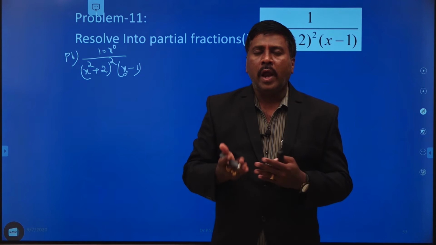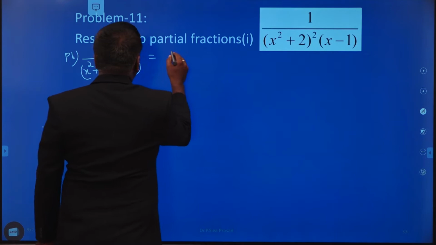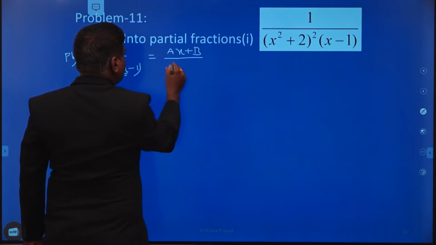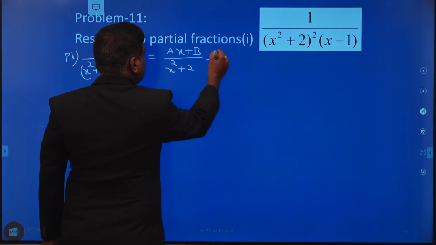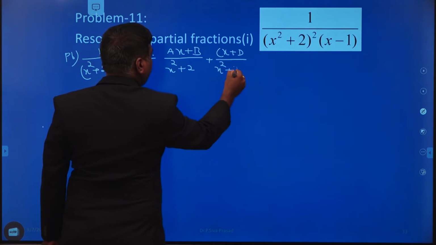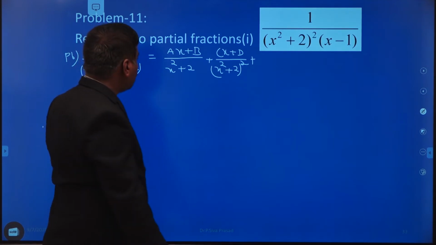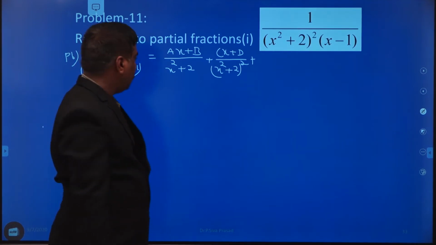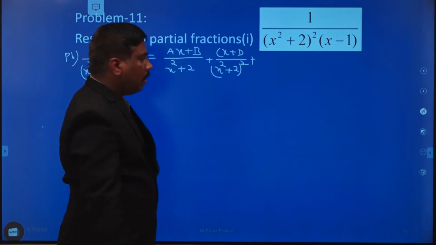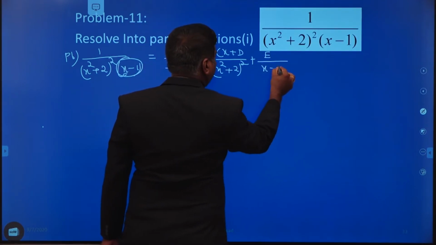Therefore, we consider the partial fractions in the form of this equal to ax plus b by x square plus 2, plus cx plus d by x square plus 2 whole square, because that is a repeated quadratic form. Now, x minus 1 is a linear factor which is non-repeated. Therefore, I consider capital E by x minus 1.